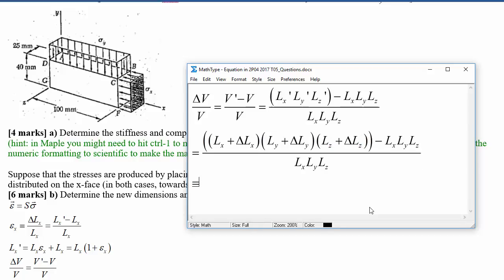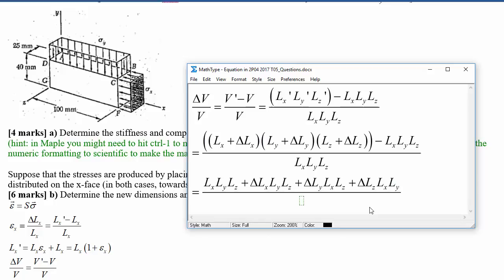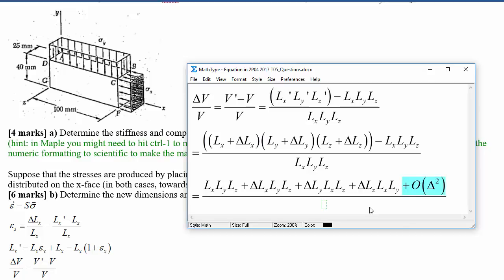Now if you multiply this out, then you're going to have Lx, Ly, Lz plus delta Lx times Ly, Lz plus delta Ly, Lx, Lz plus delta Lz, Lx, Ly plus some other terms, which we'll call order of delta squared, just to mean that these other terms have at least 2 deltas in them.